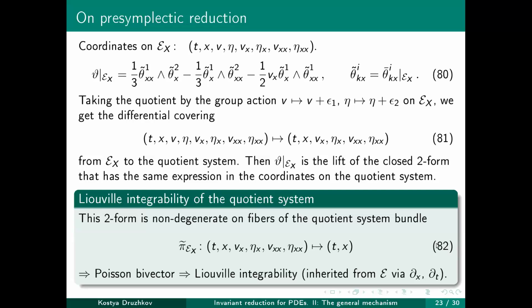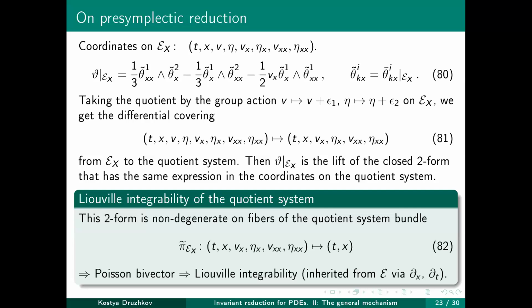Then we get the corresponding Poisson bivector. Then we get Liouville integrability inherited from epsilon via these 2 symmetries, dx and dt. So the Liouville integrability is inherited from the original system via the invariant reduction mechanism, using these symmetries dx and dt for the quotient system, not for the original system for invariant solutions, right? So we get this degenerate presymplectic 2-form, but then we always can perform the presymplectic quotient.